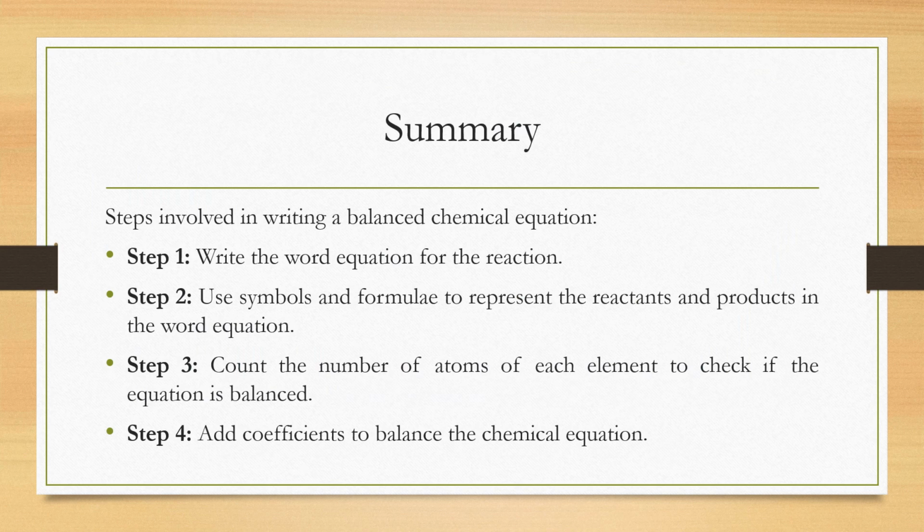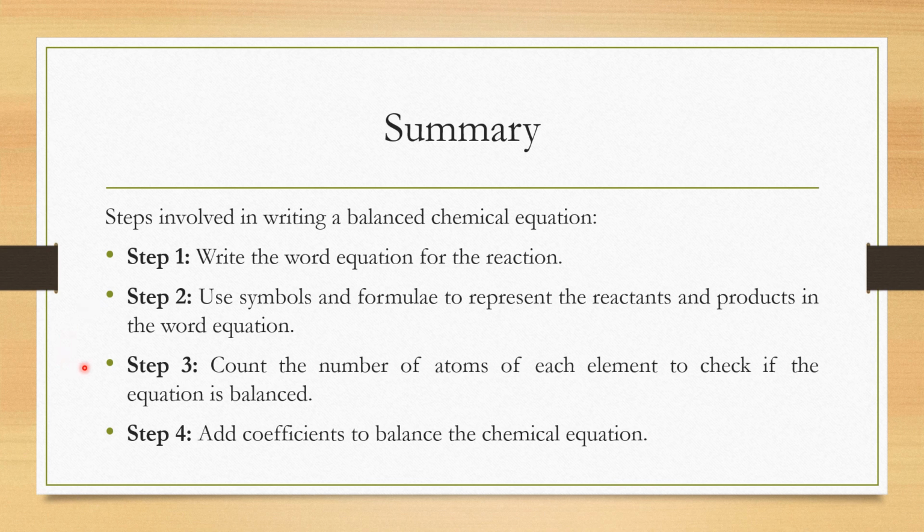Let's summarize the steps involved in writing a balanced chemical equation. In the first step, you write the word equation for the reaction. Then, you use symbols and formulae to represent the reactants and products in the word equation.